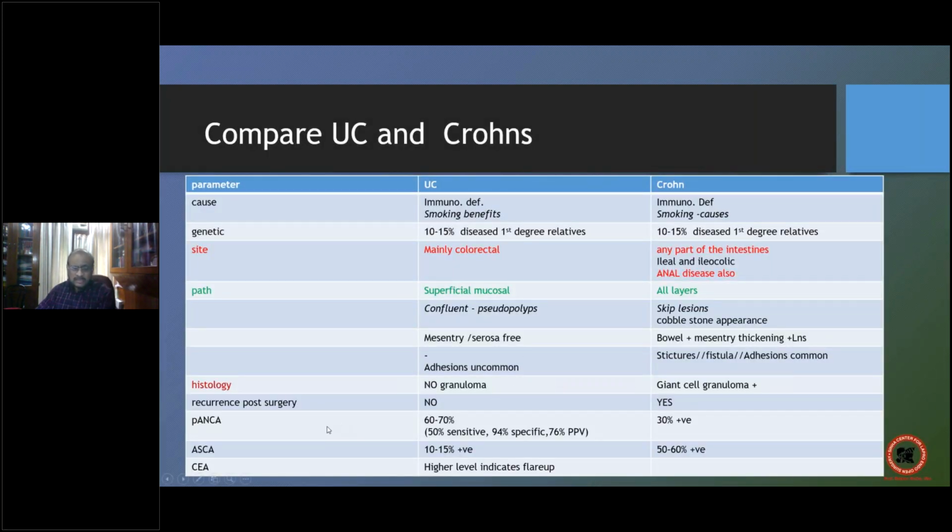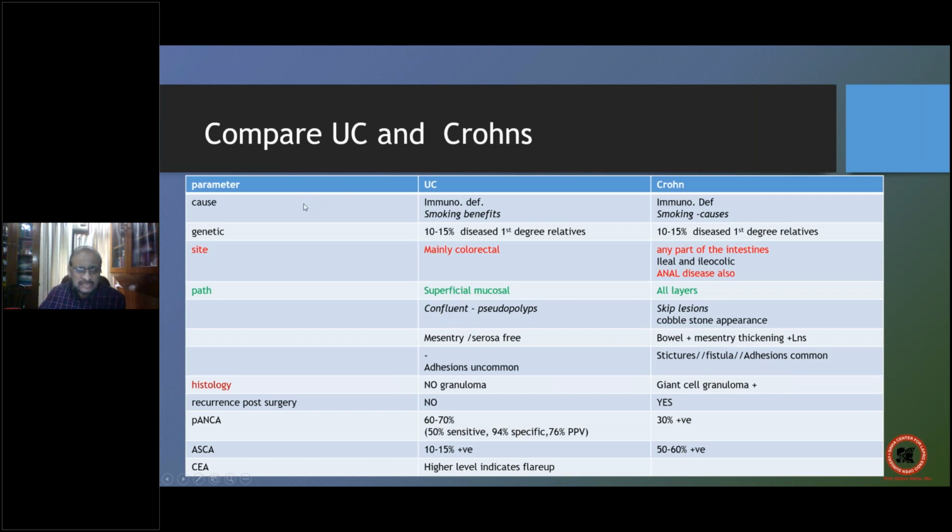This is apart from what was shown on the last slide. ANCA and ASCA, we talked about that, which is more common in Crohn's and which is more common in ulcerative colitis. And a higher CEA level indicates a flare-up in ulcerative colitis, of hardly any use in CD.